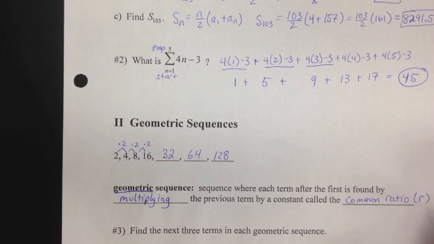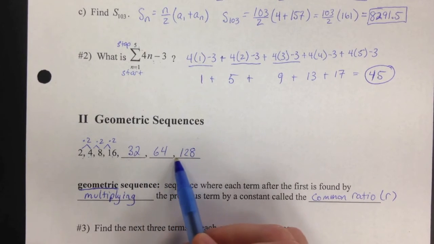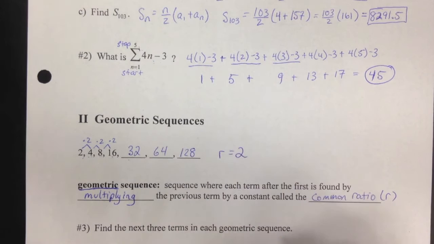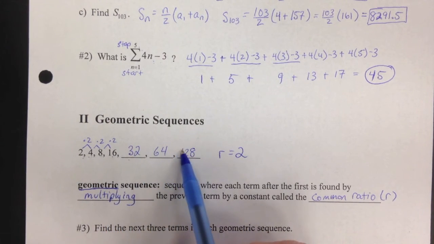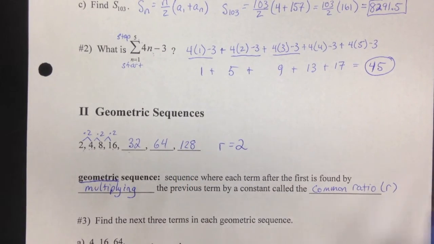We're going to use the letter R for that, the common ratio. So in the example that we just did here, the common ratio is 2. To get the next term, you take the previous term, multiply by 2. Now the ratio this time we are going up, the numbers are getting bigger. It can also go down, so that is a possibility.